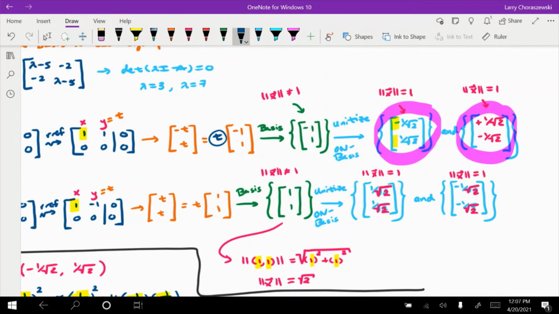Any value different from 1 or -1 is going to impact the norm of that second vector. So by changing the signs, we get a different basis vector, but it still satisfies the criterion that the norm is equal to 1. Okay, thank you. No problem.